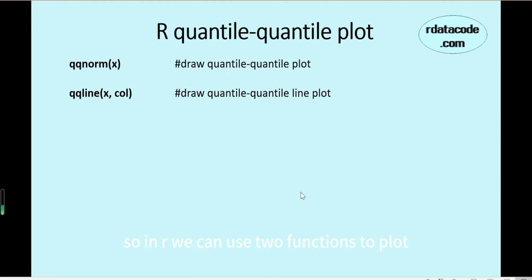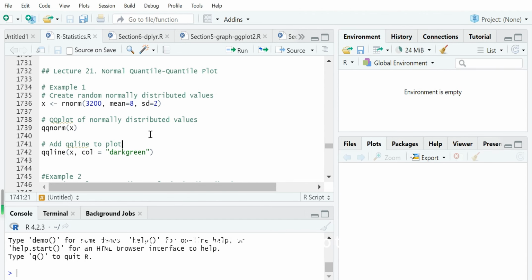In R, we can use two functions to plot a Quantile-Quantile plot against a normal distribution. The first is qqnorm with this random sample. The second is qqline with x, so we can draw a Quantile-Quantile line. Next we will show how to do this in RStudio.